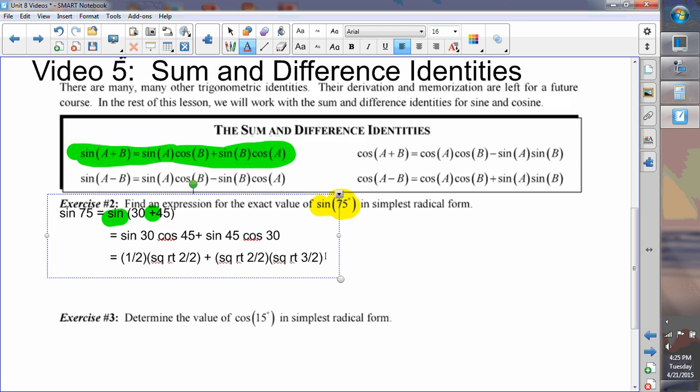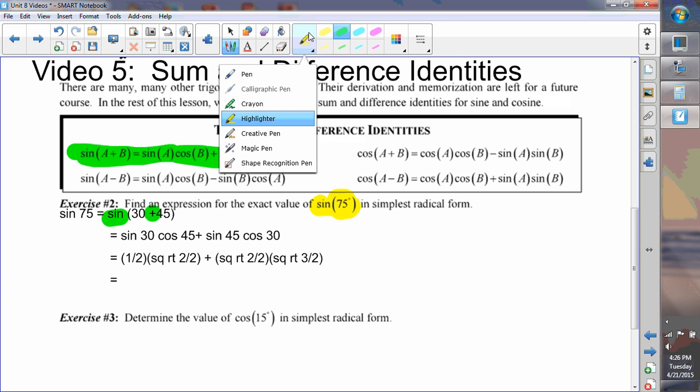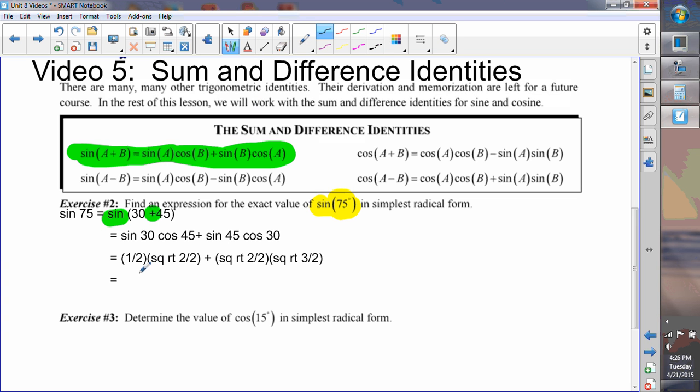Okay, so that means that now that we have that, we have to do a little bit of work. So I'm going to attempt to write this with the pen here in fraction form so you could see it better. 1/2 times square root of 2 over 2 plus square root of 2 over 2 times the square root of 3 over 2.